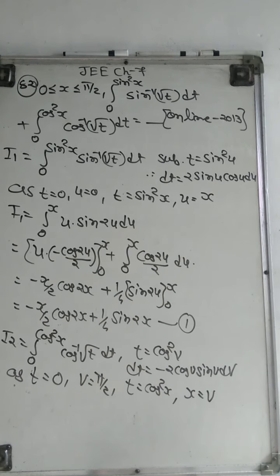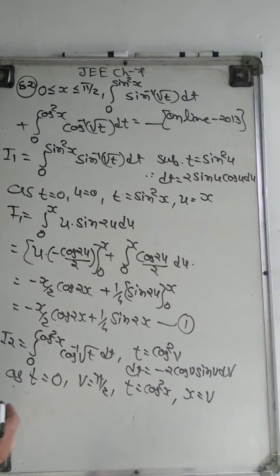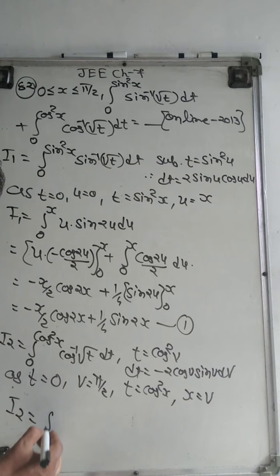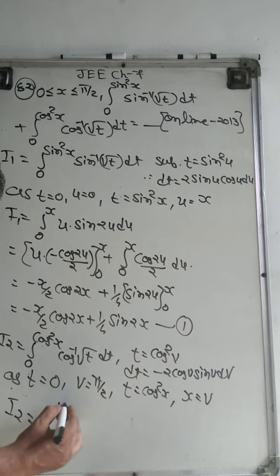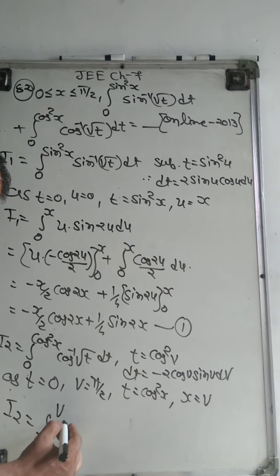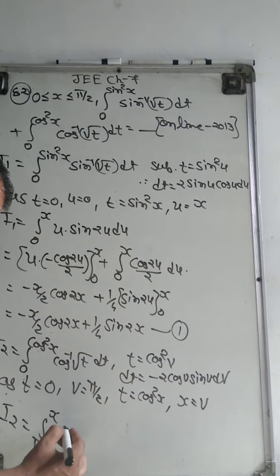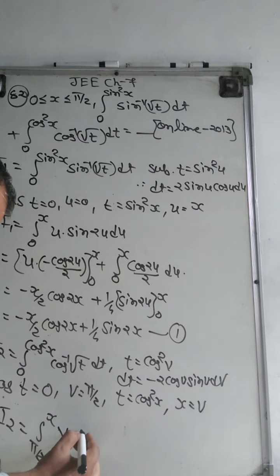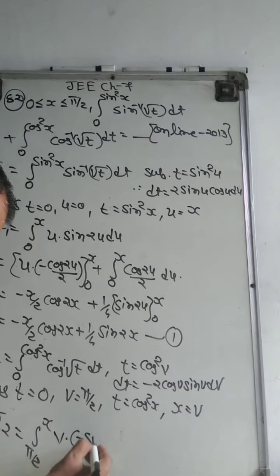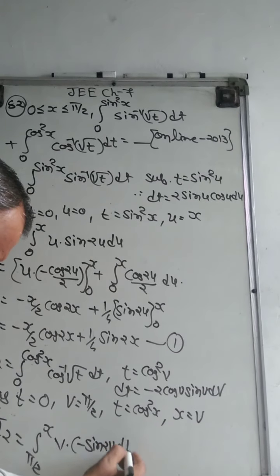So this way pi by 2 to x is the limit. I2 is equal to the integral from pi by 2 to x of v into minus sin 2v dv.